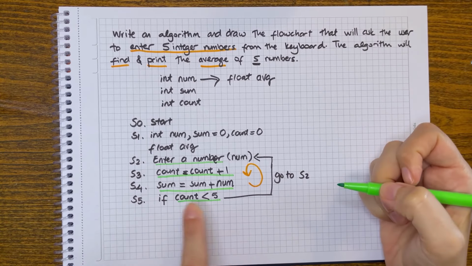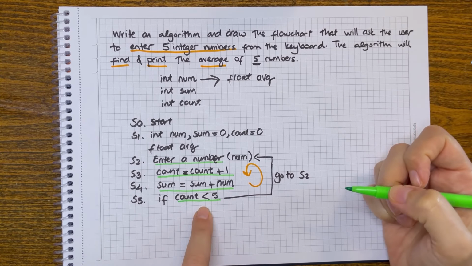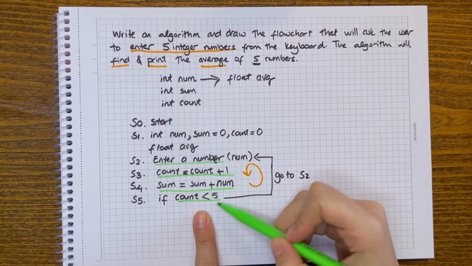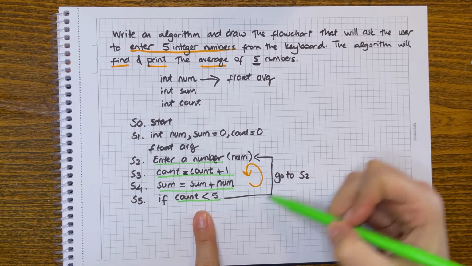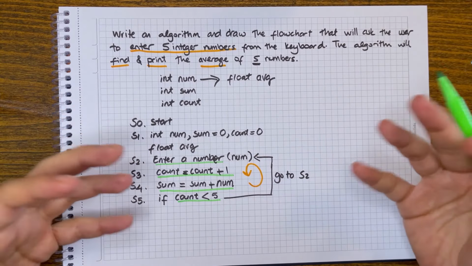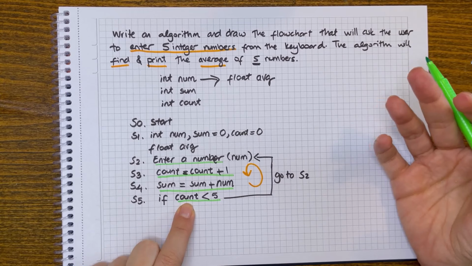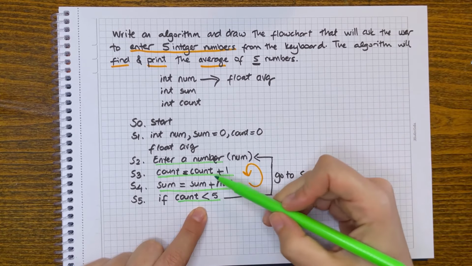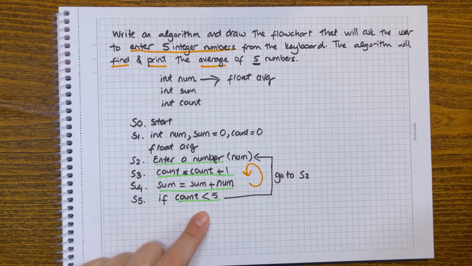It says that the user is going to enter exactly 5 numbers. If the user enters less than 5 numbers, go to the beginning, enter new numbers, count them, calculate the summation, and check it again. If the user enters again less than 5 numbers, repeat all the processes one more time.